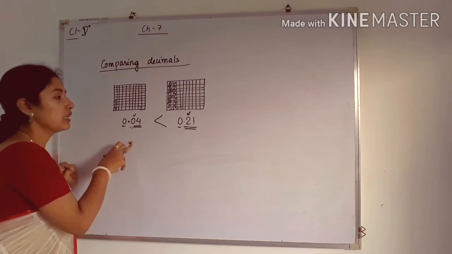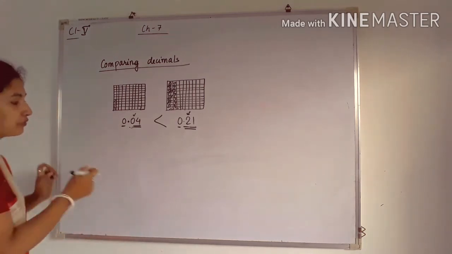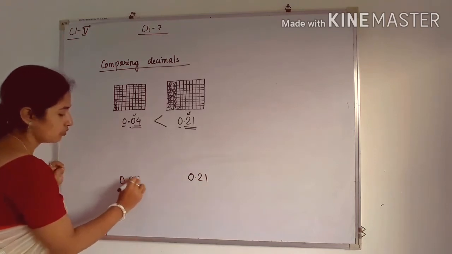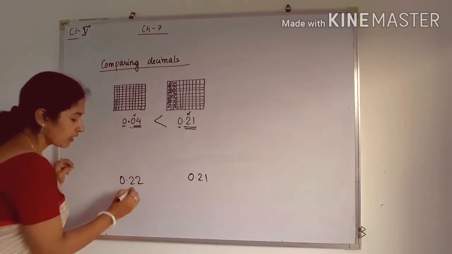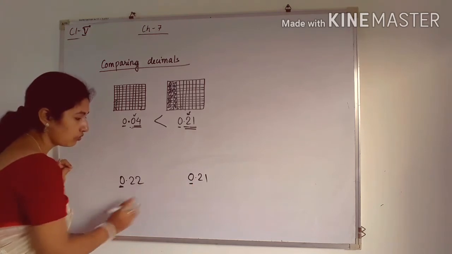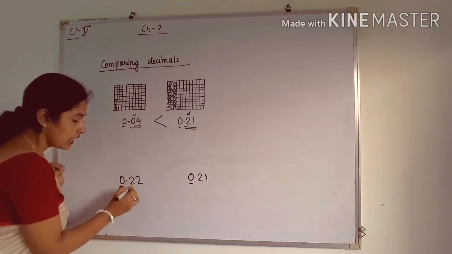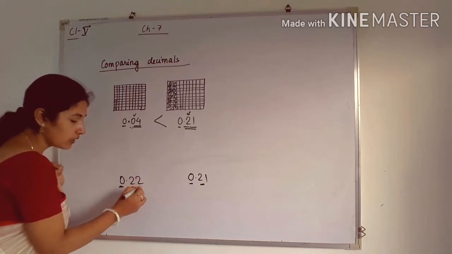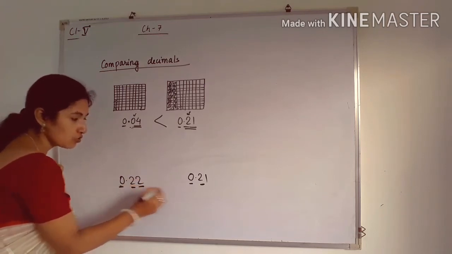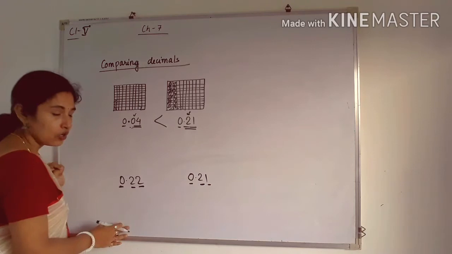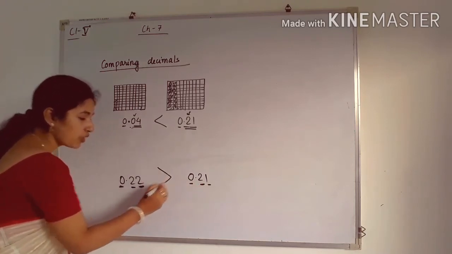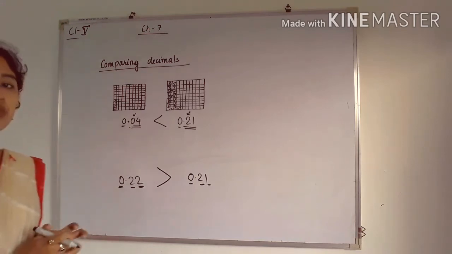Got it, student? Similarly, if my question is 0.21 and 0.22. Now you can see the whole part is 0. Okay. Next is the tenths. The tenths are the same, but what is happening at the hundredths place? Here the hundredths digit is 2, here it is 1. So which one is greater? This 2 is greater than 1. That means 0.22 is greater than 0.21.